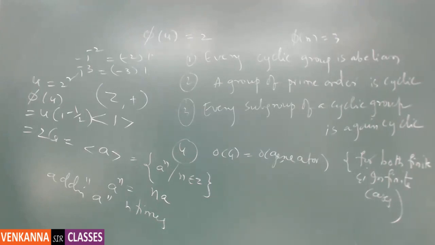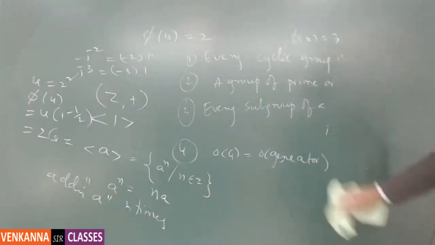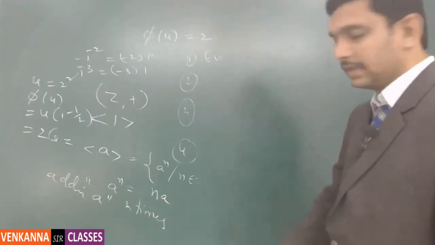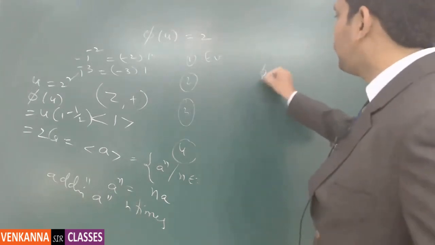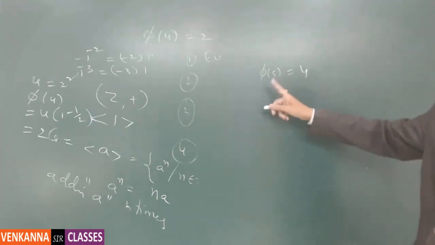Okay, right. So phi of n will give the idea of how many generators you are going to get. In fact, you can observe one more thing: if the number you have taken is a prime number, let me say you take phi of 5, the value is nothing but 4, because 5 is a prime number.